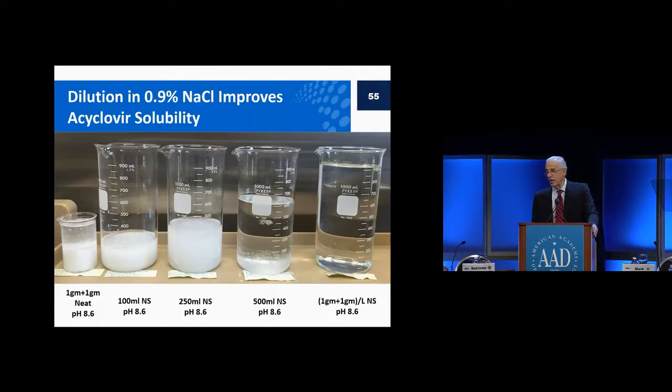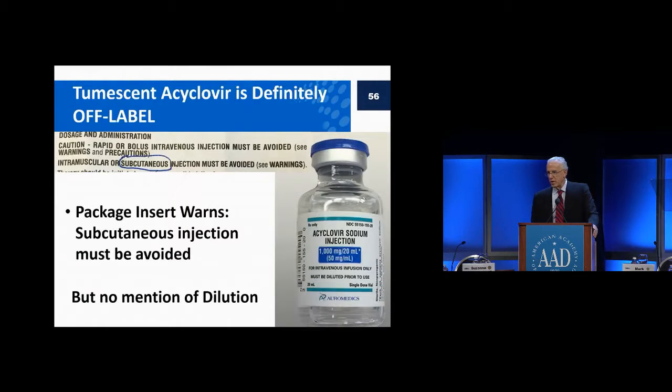Then if we add the two drugs to 100 ml, they precipitate immediately. To 250 ml, there's immediate precipitation. And if we add those two drugs to 500 ml of saline, they precipitate overnight. But in a liter, there's no precipitation. And so that was an interesting observation, and it occurred to me that, well, maybe we can do that.